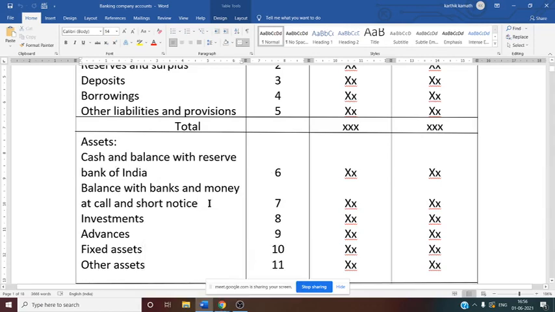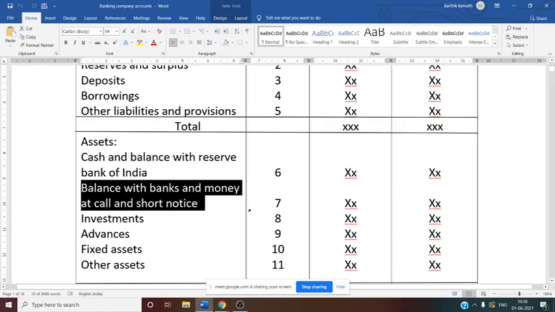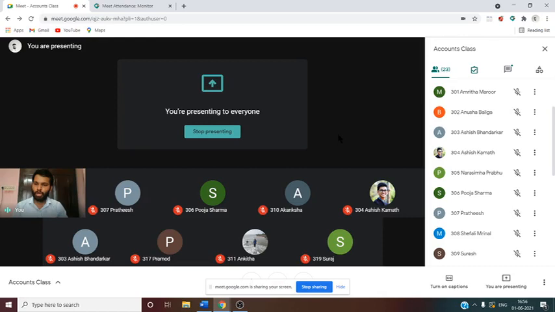Then balance with the bank and money at call and short notice. Now we have to understand what is money at call and what is money at short notice. So you can say money at call and money at short notice usually appears when interbank loans are given. Interbank loan means loan from one bank to another bank. So usually in that case money at call and short notice happens.